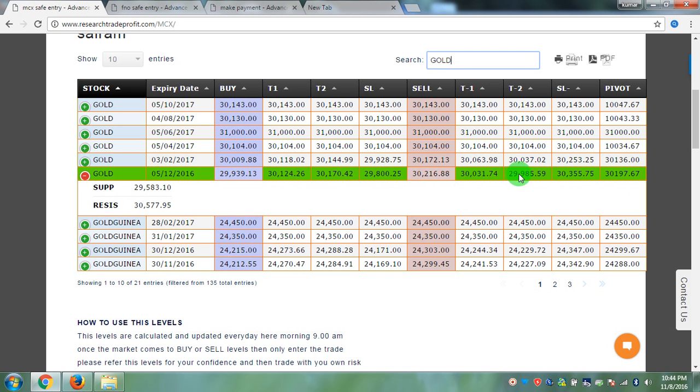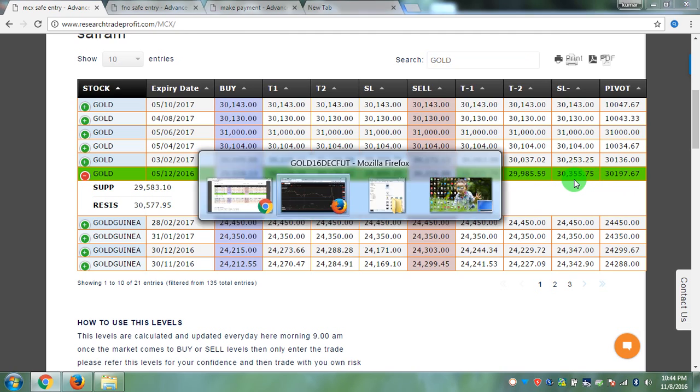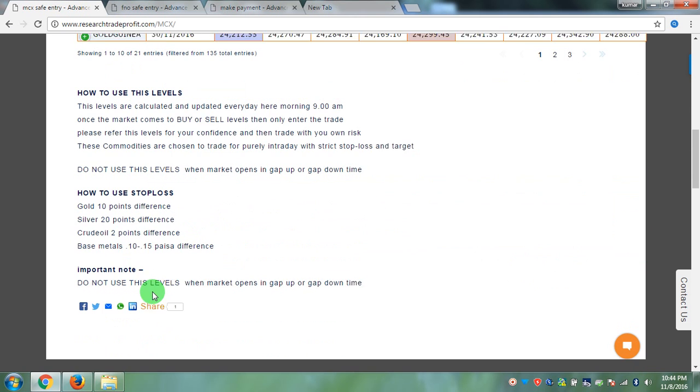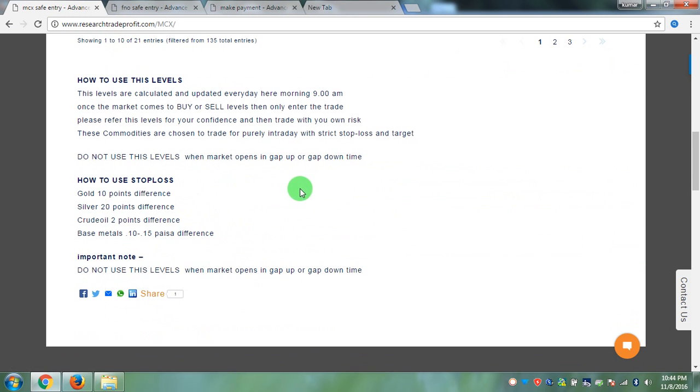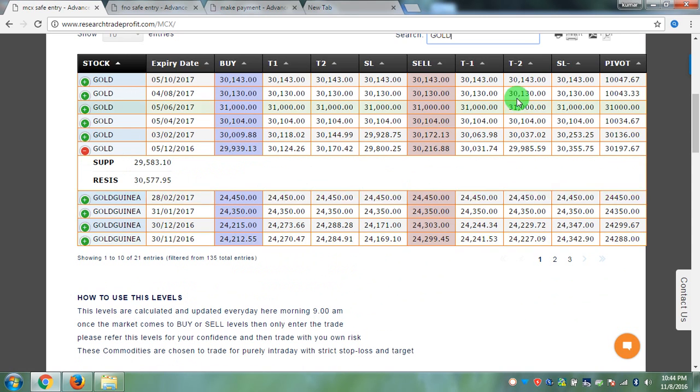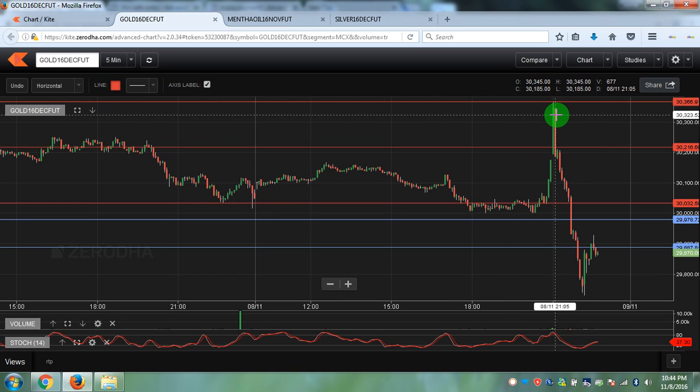As the stop loss they gave 355, and as I mentioned on our website, a 10 to 15 points difference in gold will come at 30,366. In this candle you can see the high was 345, not 355. So the sell call was generated and the stop loss was not triggered. You can consider it.